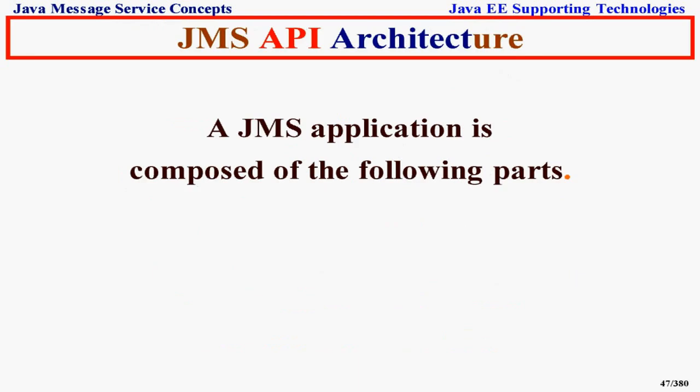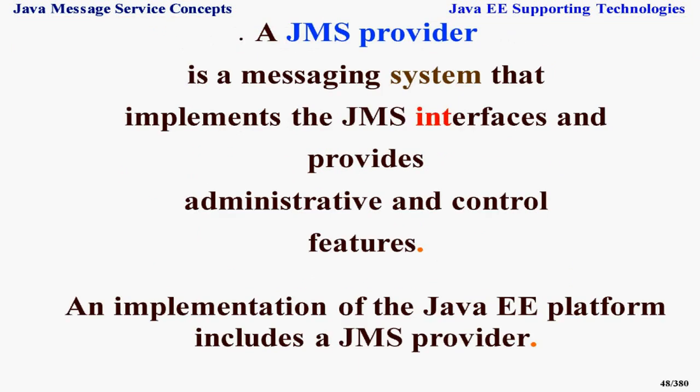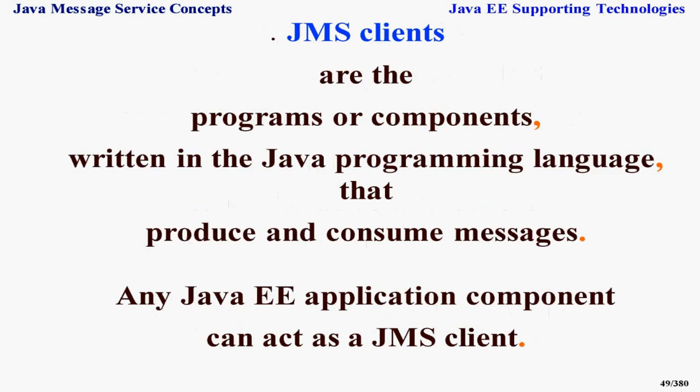JMS API architecture. A JMS application is composed of the following parts. A JMS provider is a messaging system that implements the JMS interfaces and provides administrative and control features. An implementation of the Java EE platform includes a JMS provider. JMS clients are the programs or components, written in the Java programming language, that produce and consume messages.